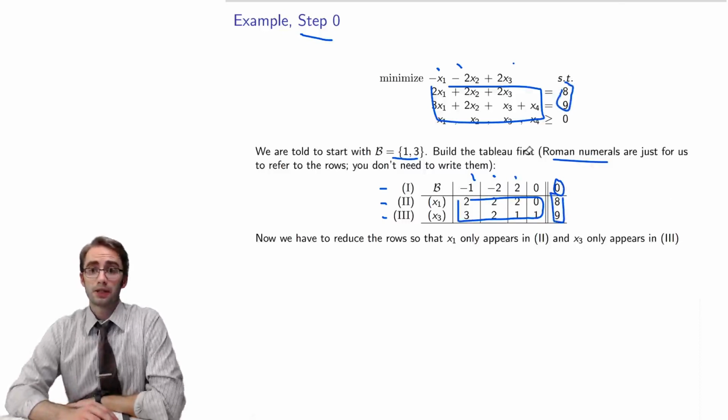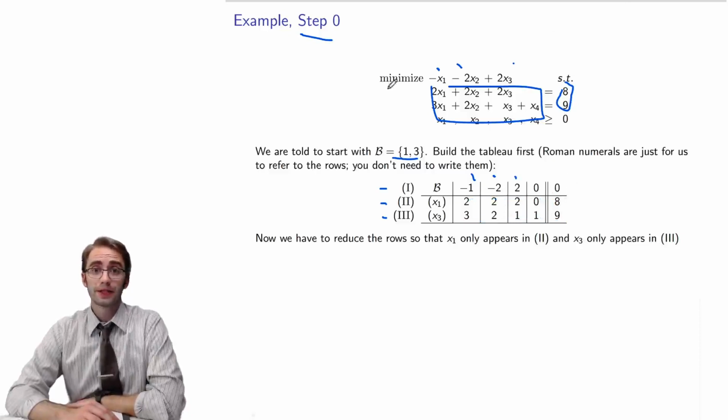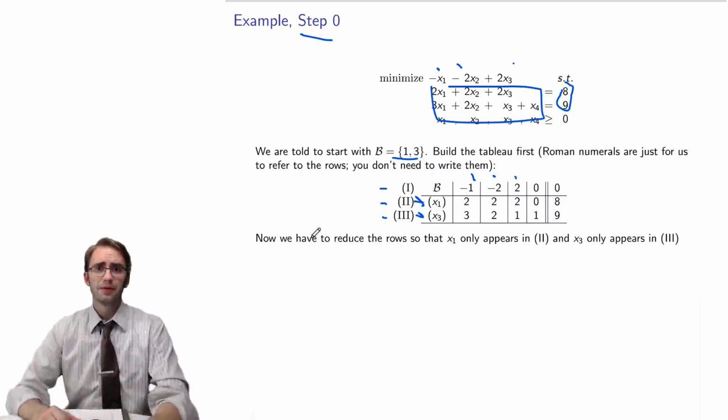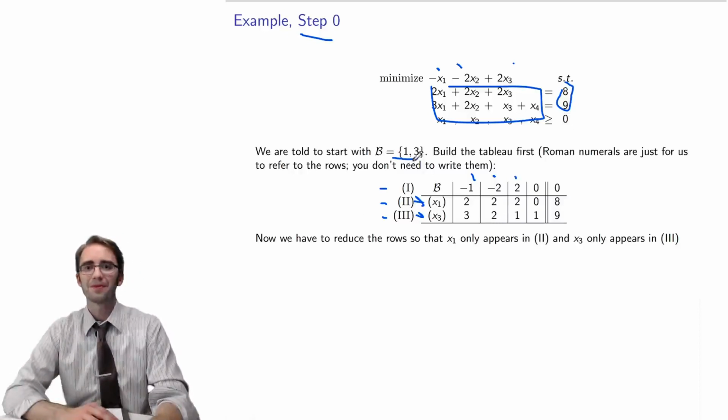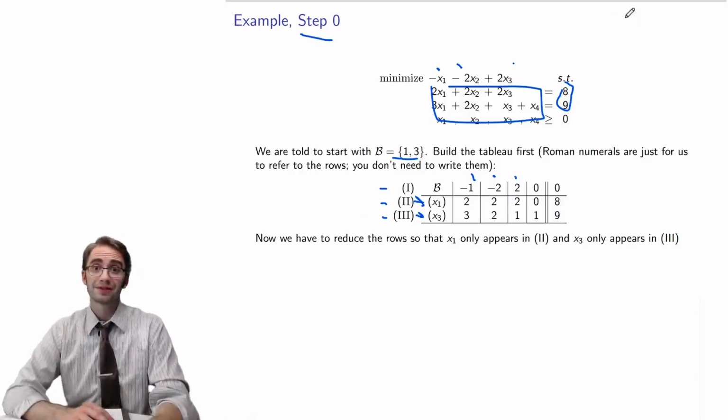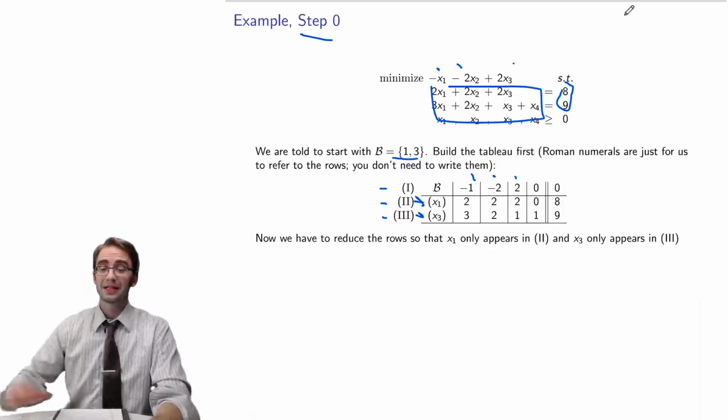And what do I need to do first? The very first thing I need to do is use Gaussian elimination to reduce this system in terms of x1 and x3. This is the longest, most arduous part of the simplex method because you have to do all of your row elimination for all of your basic variables. We only have 2 here, so it's not so miserable, but it is a thing that you have to do.